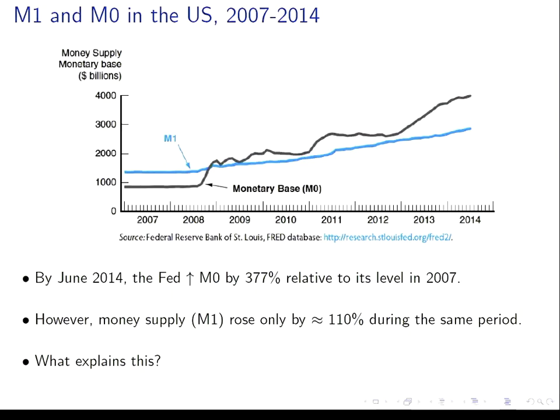Not so much the money supply. Money supply, M1, increased only by 110% during the same period. That's a very small money multiplier, isn't it?